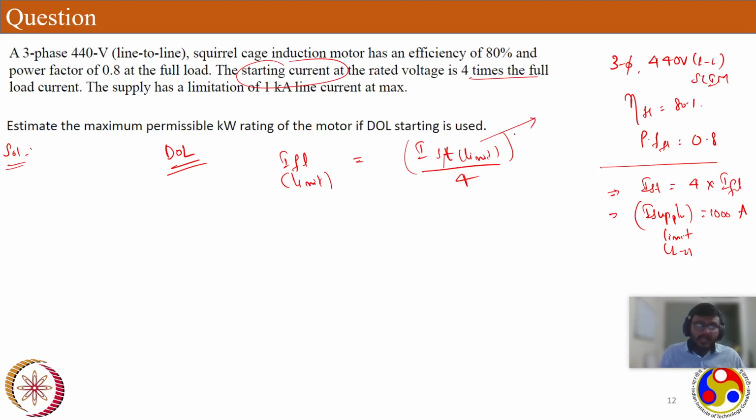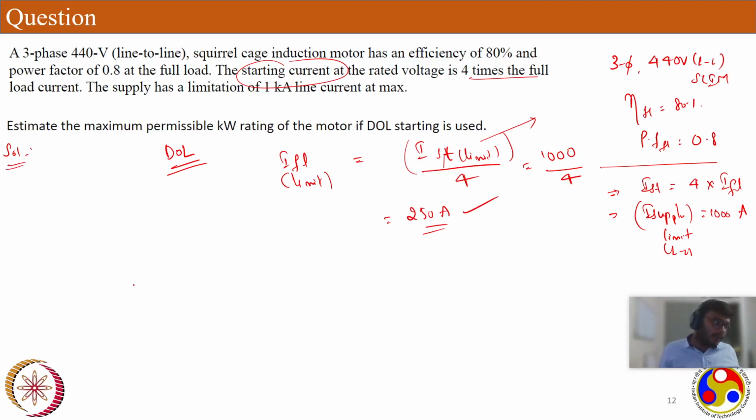This starting current limit will always be 1000 here. So it's 1000 by 4. Since I am using DOL starting, I can only extract 250 amps at the full load condition. That's the limit. We will see for other starting methods how we can improve this full load current. If we improve full load current, we are improving the rating. So 1000 by 4 is 250.